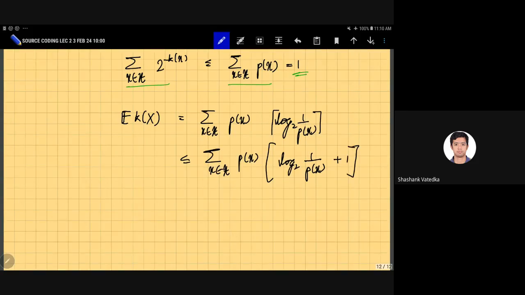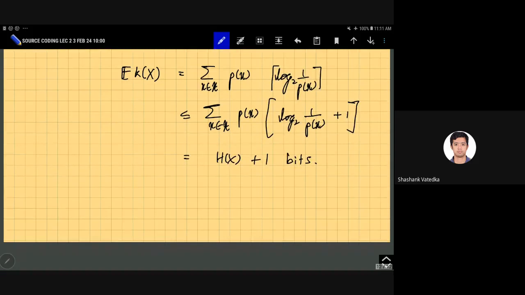Right? And what is this equal to? This is the entropy plus 1 bits. So the Shannon code achieves an expected length which is between H of X and H of X plus 1.